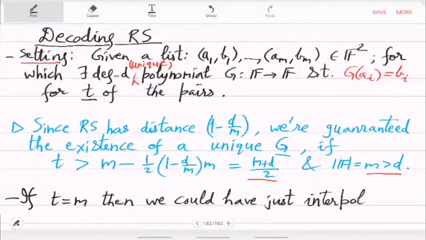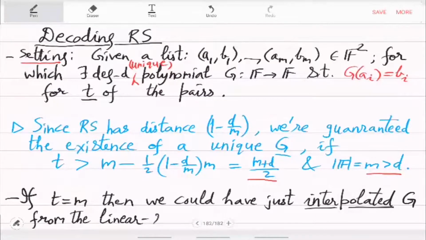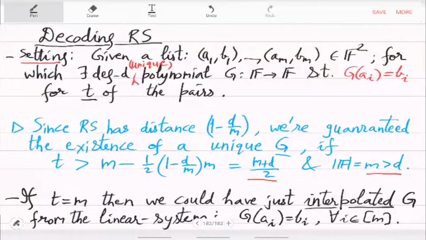We could have just interpolated G from the linear system, G(A_i) equal to B_i for all i from 1 to M, right. So if there is no error, then this is just an interpolation problem, you can solve it, you can find G.